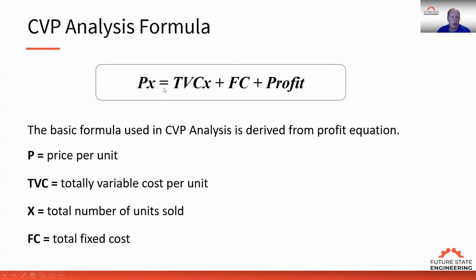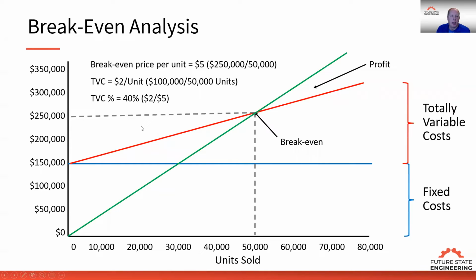If we look at this formula, the price times the totally variable cost volume plus the fixed cost plus the profit. And what we want to do is we want to look at a break-even analysis. So in this break-even analysis, we have our costs on the left-hand side and our volume along the horizontal axis. And we have fixed costs of $150,000 and our totally variable costs are 40%.